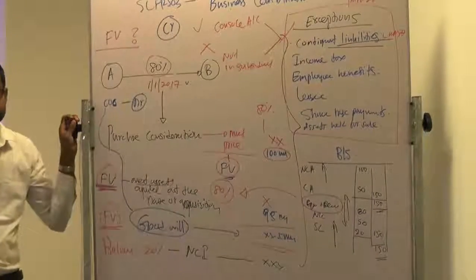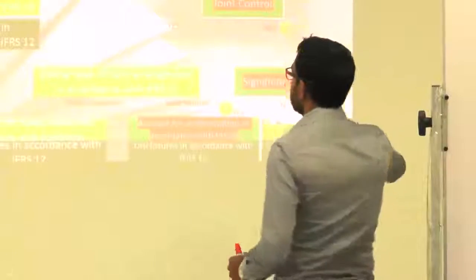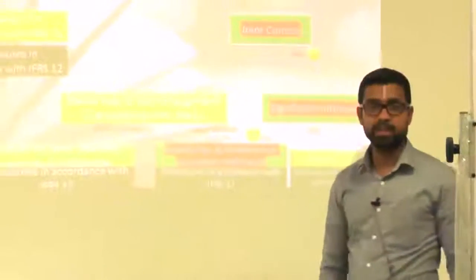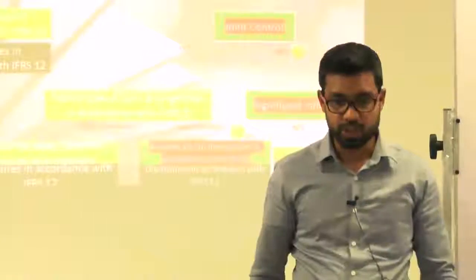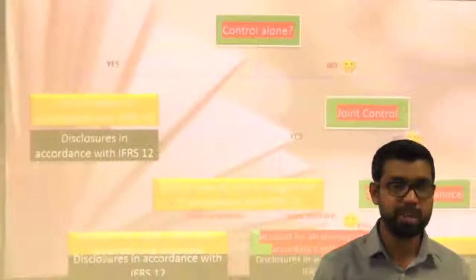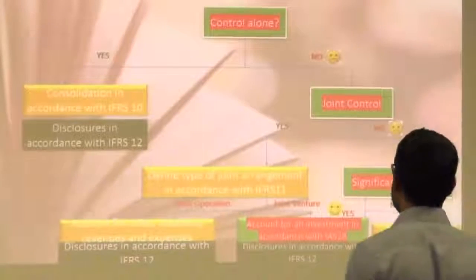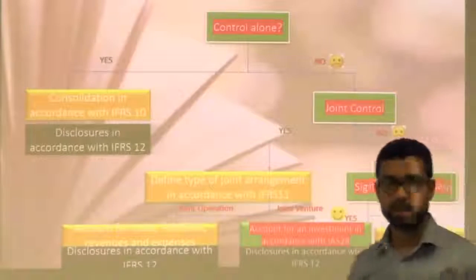Fine, thank you. So after SLFRS 3 business combination, we want to discuss SLFRS 10, which is for consolidated financial statements. Before I start that standard, look at the summary. Based on the controlling power, we can decide whether it's a subsidiary, a joint venture, an associate company, or just an investment.